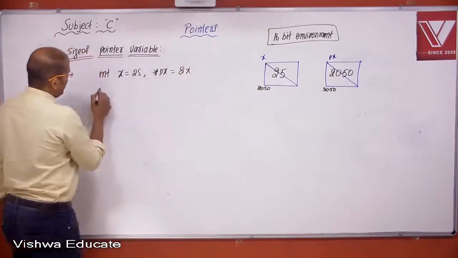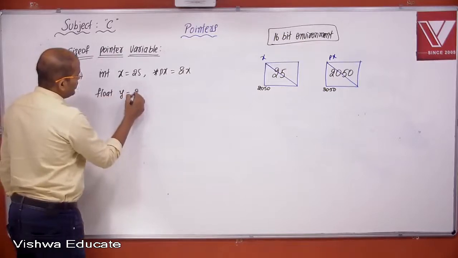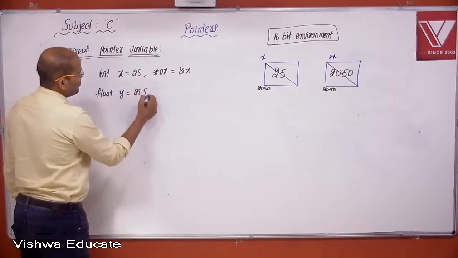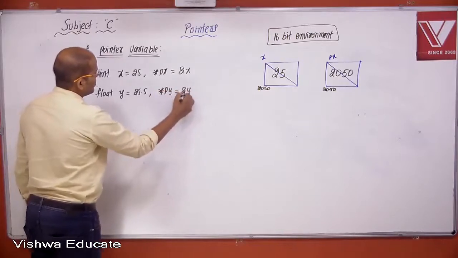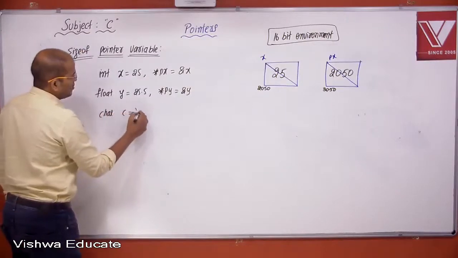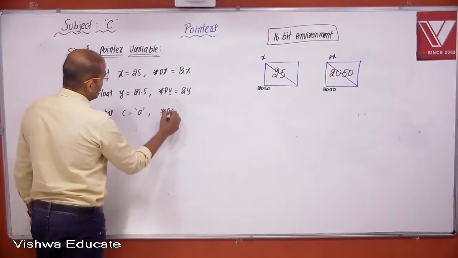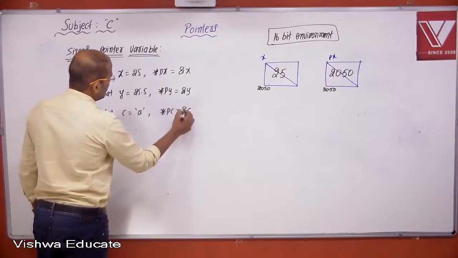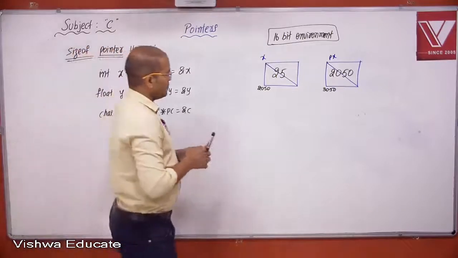Now when I say float y is 25.5 and pointer py is address of y, and character c is 'a', and pointer pc is address of c, what happens? Let us see what happens.